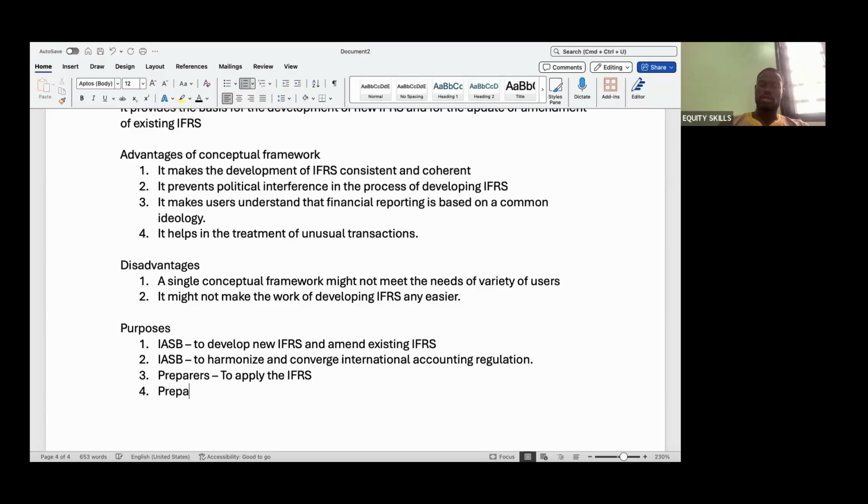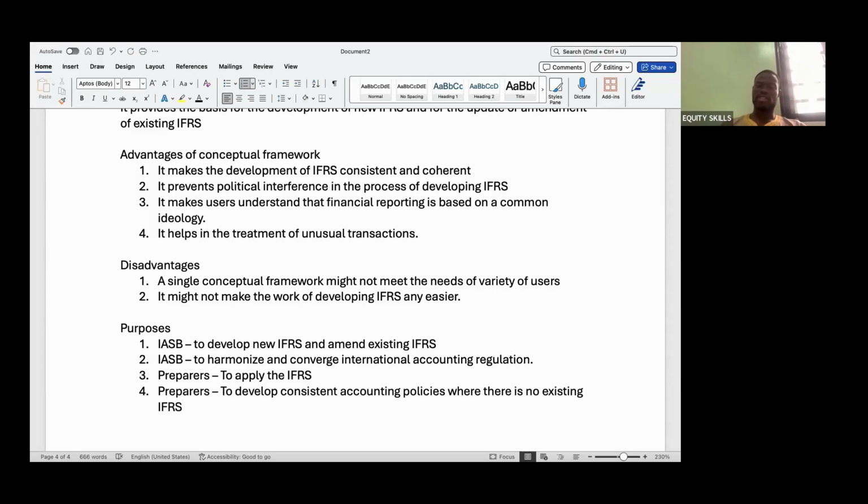Also, it can help preparers to develop consistent accounting policies where there is no existing IFRS.